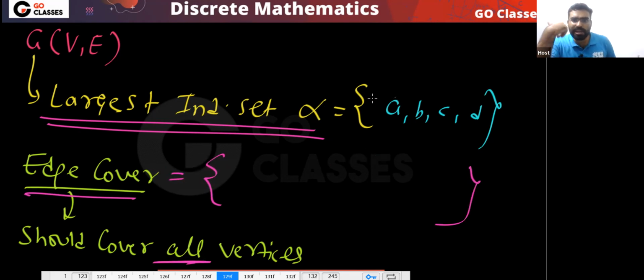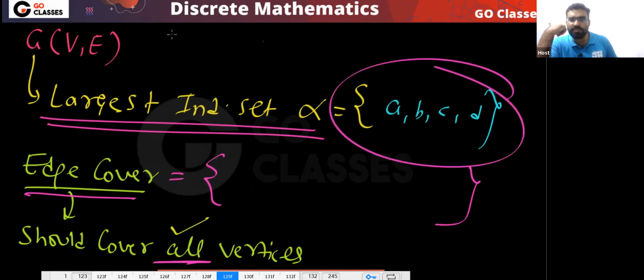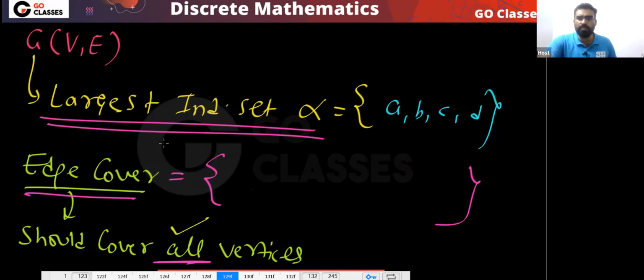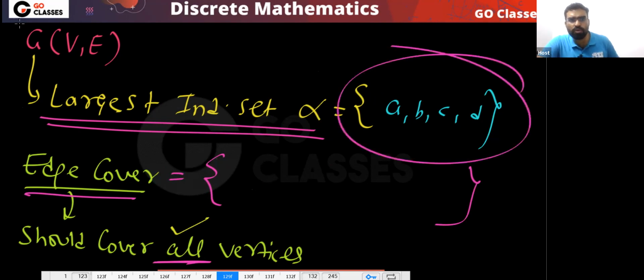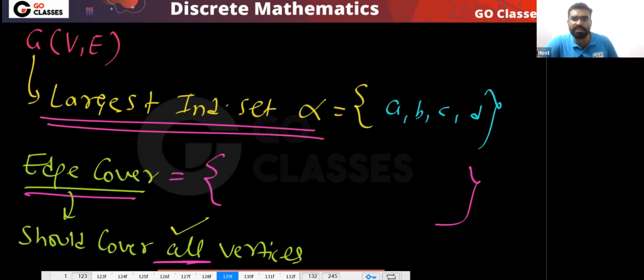Tell me one thing. You want to cover all the vertices. For these 4 vertices, how many edges do you need at least? Four, because this is an independent set.